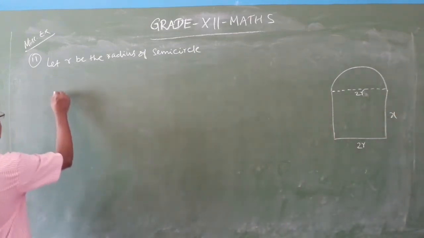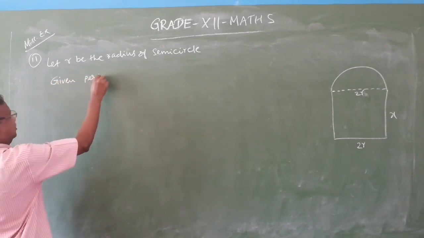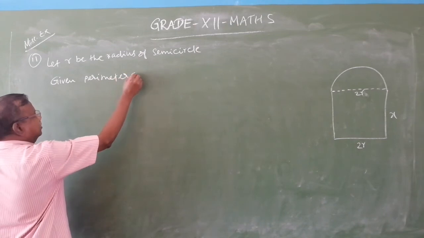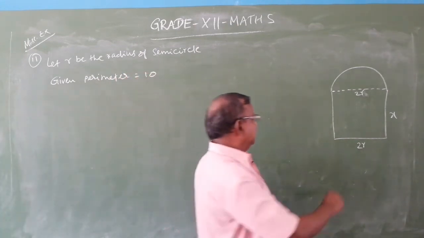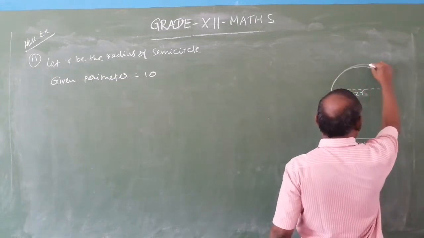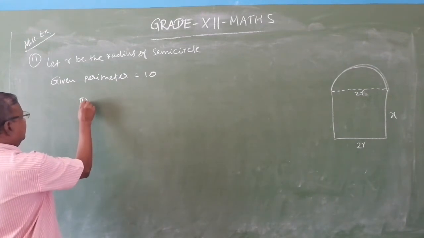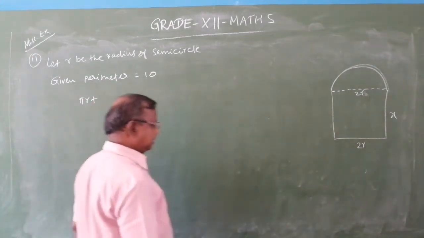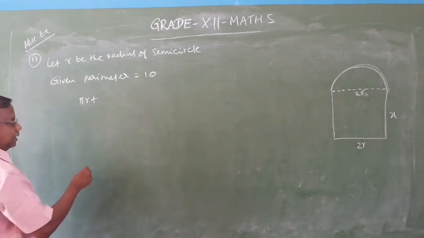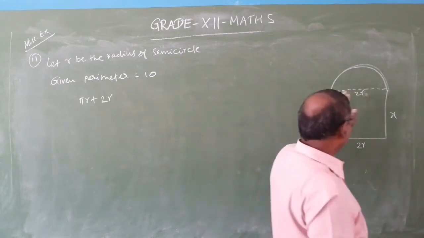Now, given the perimeter is equal to 10 units. The perimeter here means the circumference of the semicircle, that is pi r, plus one length of the rectangle, that is 2r, and two breadths, one breadth and another breadth.